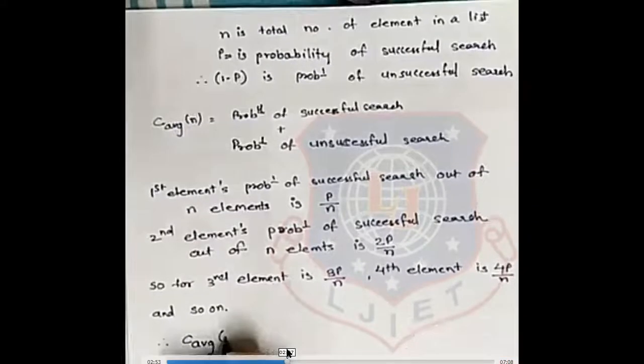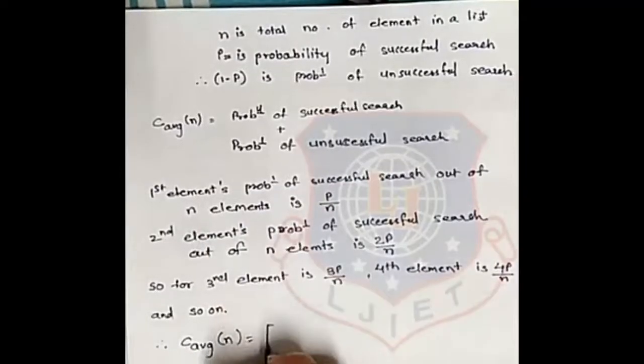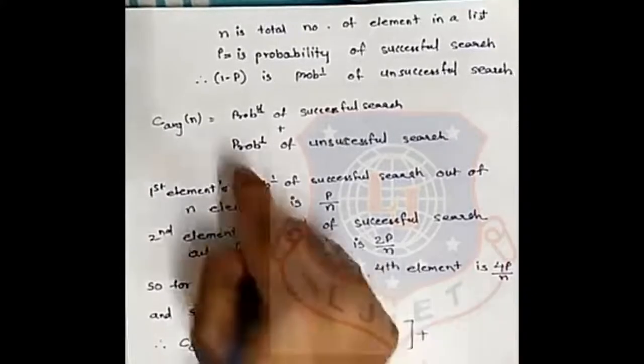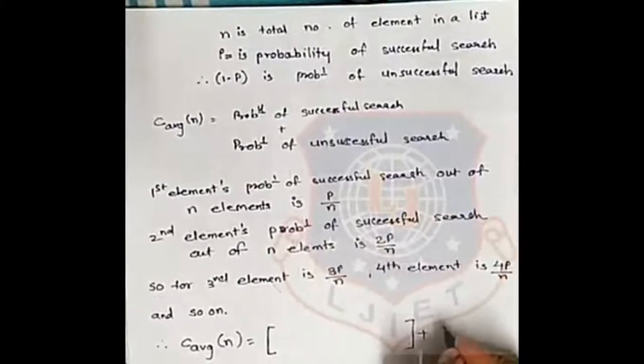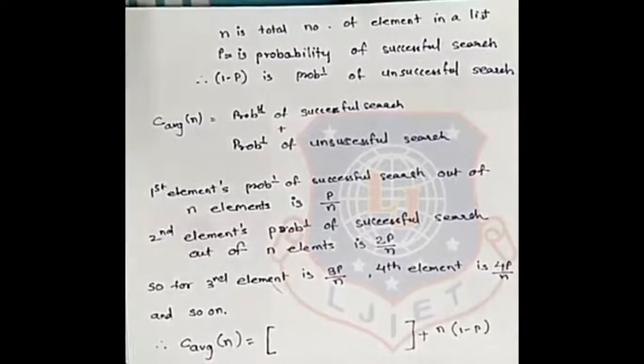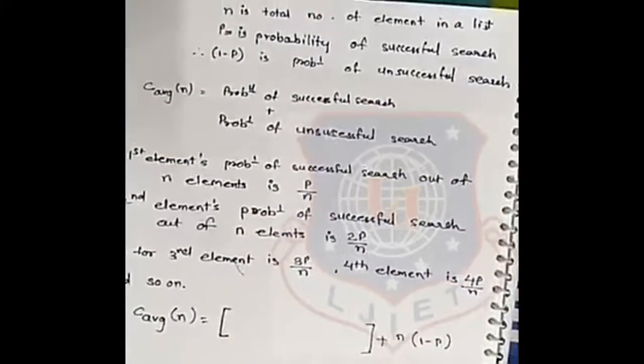So the average complexity over n elements is the first element's probability plus the second and so on, plus the probability of unsuccessful search. For n elements, it is the same, 1 minus P. But the successful search of each element is different.